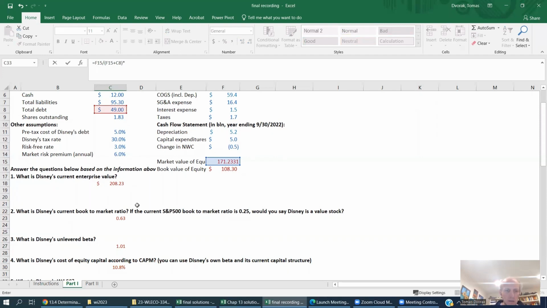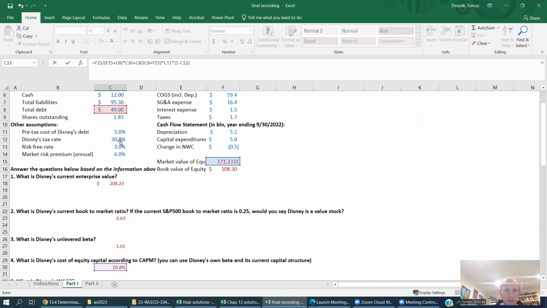times the equity cost plus total debt divided by total debt plus market value of equity. So that's our weight on debt times the pre-tax cost of debt times 1 minus the tax rate.